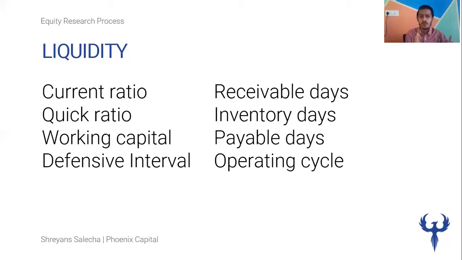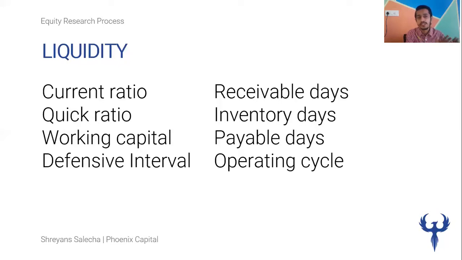Because what the defensive interval tells you is that this is the amount of money we have to meet these days worth of expenses. For anything beyond that, we would have to liquidate our non-current assets, which would be a plant or machinery or any long-term investments that the company might have, and that is not something a company would want to do, because the non-current assets are actually used in the production or providing of services, right?